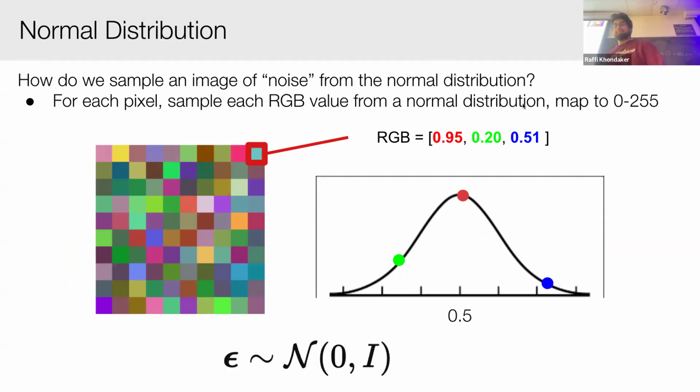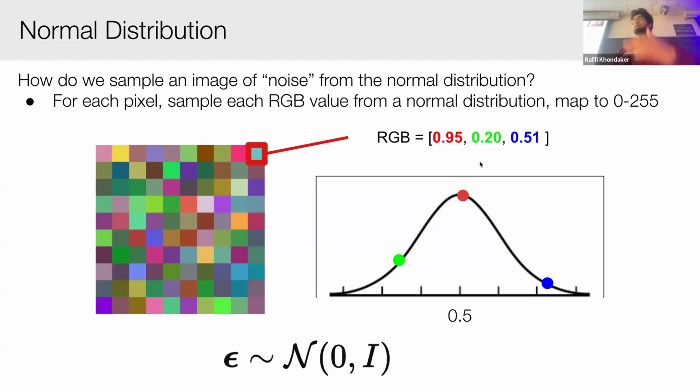Basically, for each pixel, we just randomly select a value from the normal distribution, right? So we can pick where this normal distribution is centered. It doesn't really matter too much. Usually we do a standard normal distribution. And of course, you might say, hey, RGB values are from 0 to 255. But then we could easily just have a mapping, right?